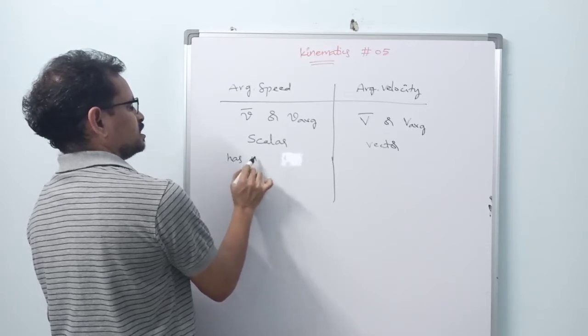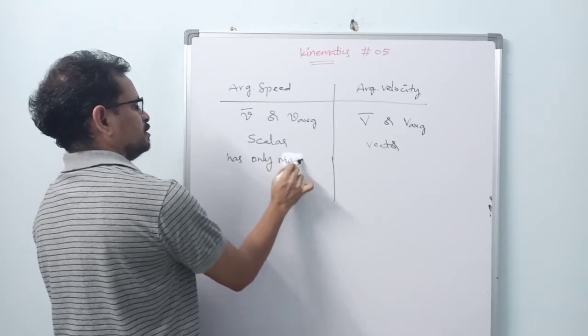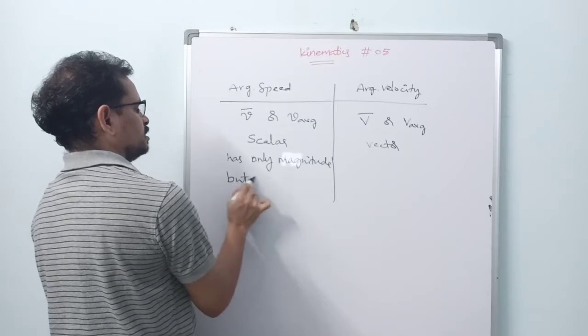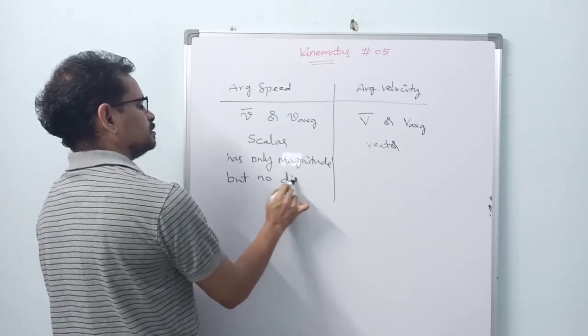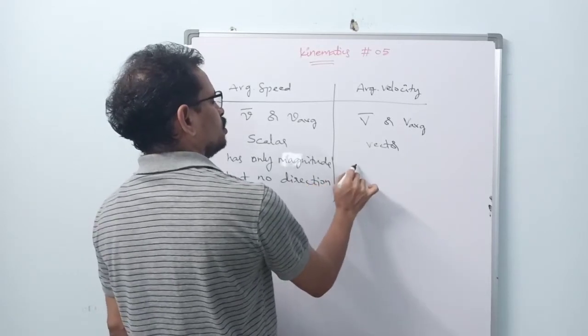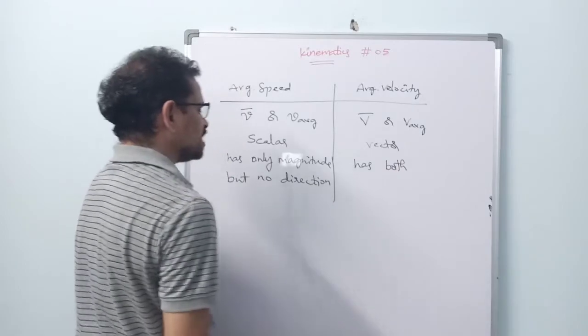Scalar means it has only magnitude but no direction, and the vector has both magnitude as well as direction.